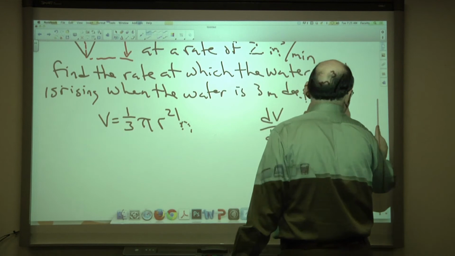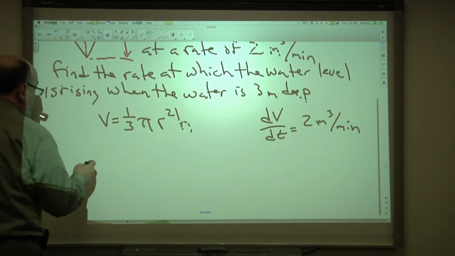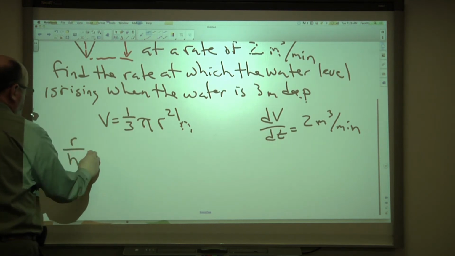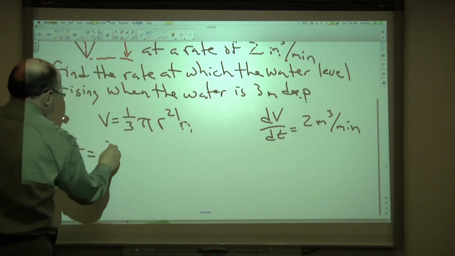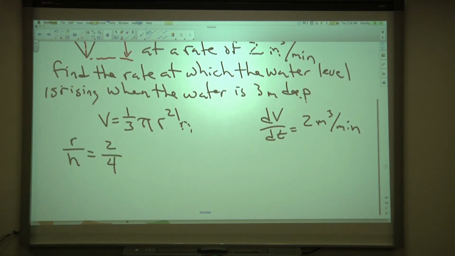And so we have r is to h as 2 is to 4. Right? And we're going to solve this because we want to know in terms of the height.